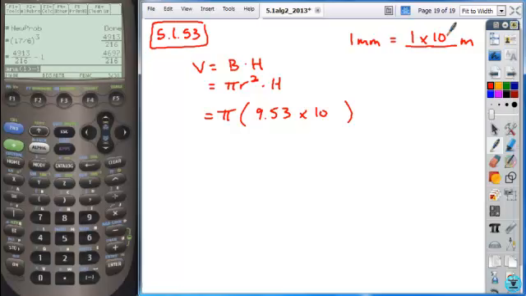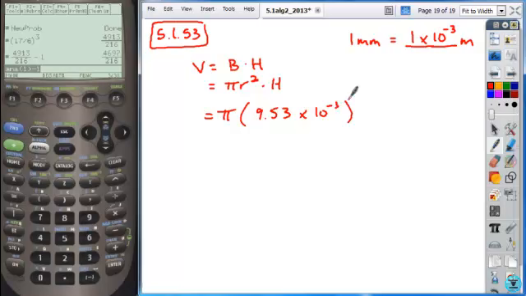So if we go the other way around, divide both sides by 1,000, we get 1 millimeter is equal to 10 to the minus 3 meters. So anytime we write 9.53 millimeters, that is equivalent to 9.53 times 10 to the minus 3rd meters.